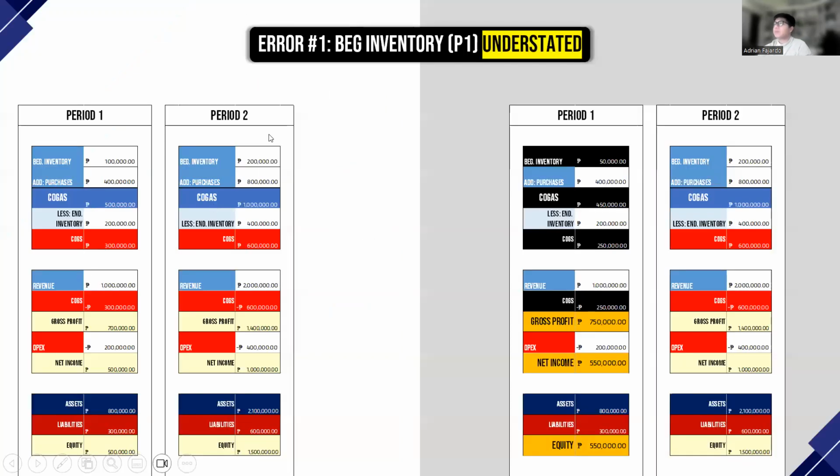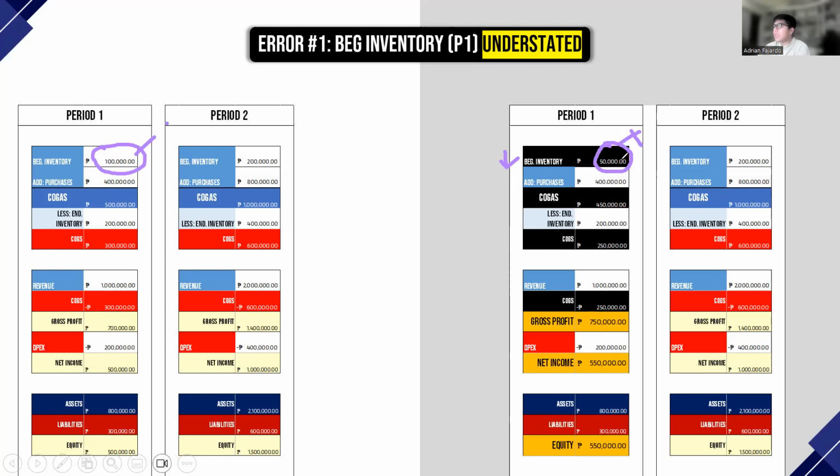So, let's say error number 1. You understated the beginning inventory. The correct figure is 100,000, but you made a mistake and wrote 50,000. What would be the effect? Your beginning inventory is understated. It should be 100,000, but now it's just 50,000. It's understated by 50,000.